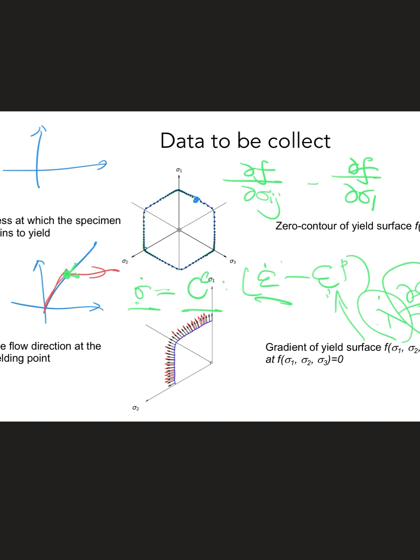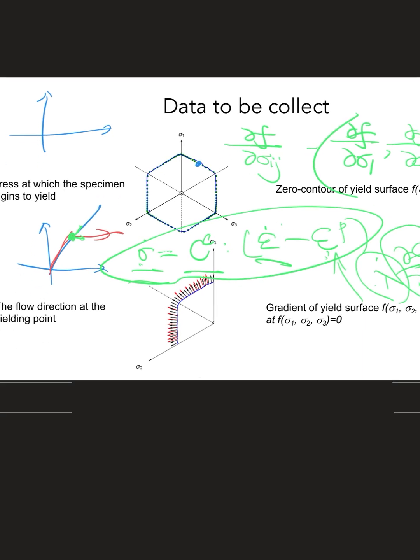So this becomes just a vector in R3 space. Okay, I only care about a vector. So this would be the vector that we need to collect, and this is collected from solving that problem.